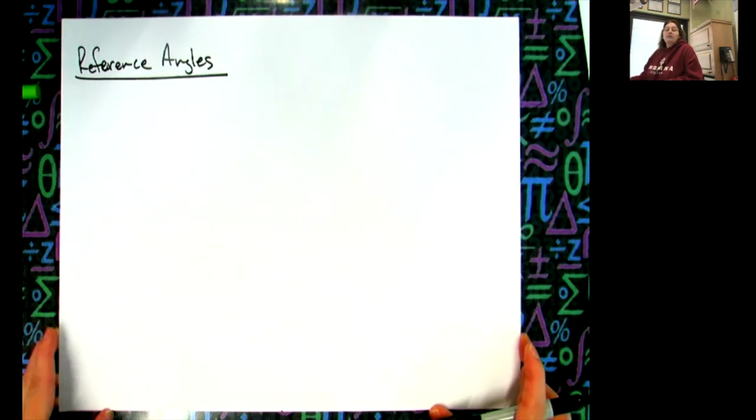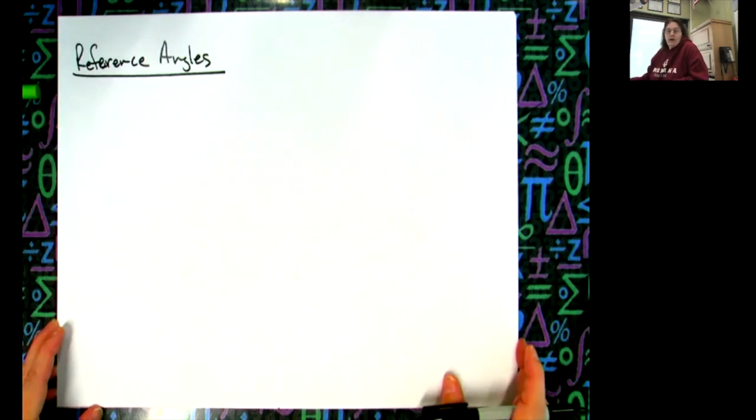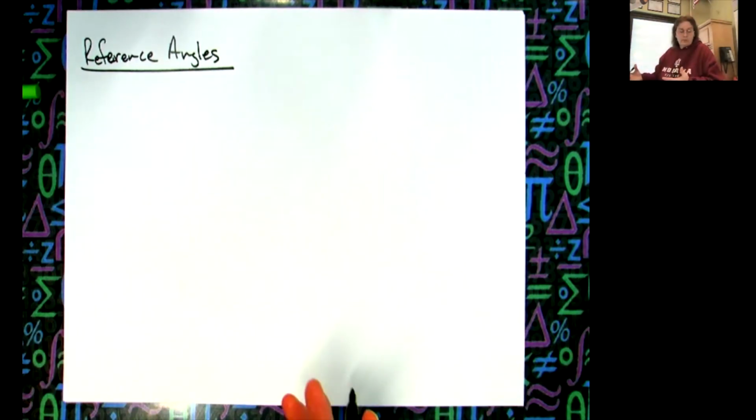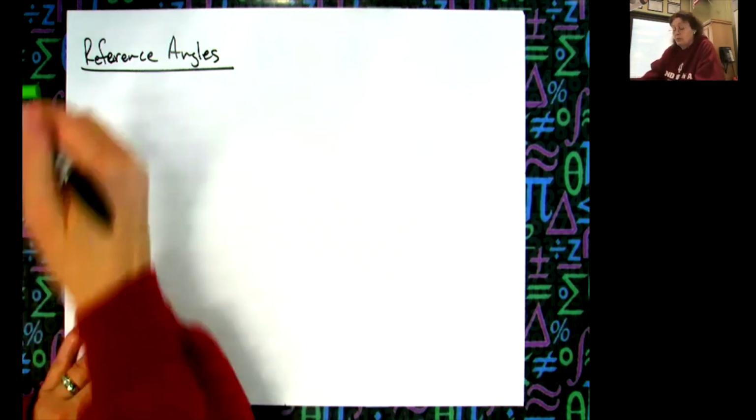I have lots of reference angles. They're going to refer to a lot of different angles that I need in each of the different types of problems that I'm going to do. On this particular type of reference angle, I'm going to give you a specific definition, and that's going to lead to using it in some of the problems that we do in the future.